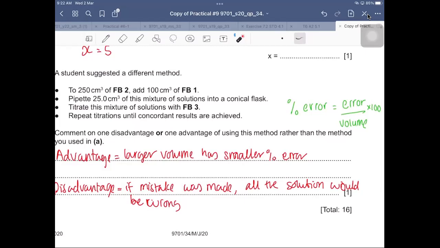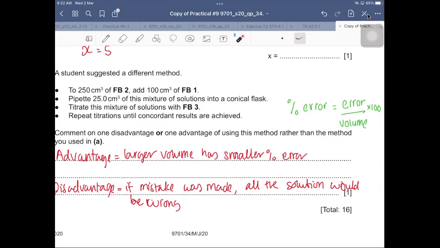Okay? That's why in a normal lab, in a school setup, we can use small values because we're not really after accuracy. And the error, well, there is bound to be error.